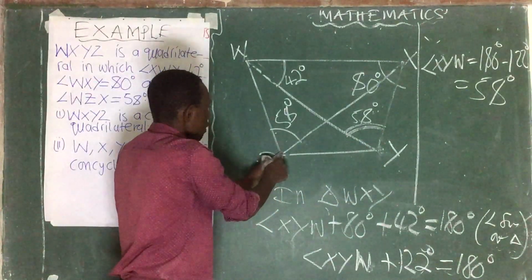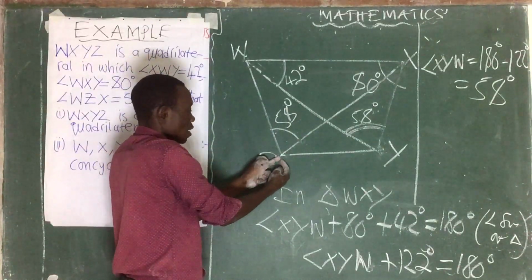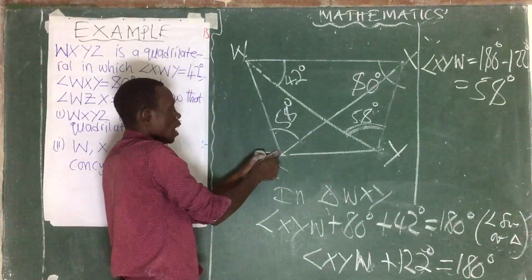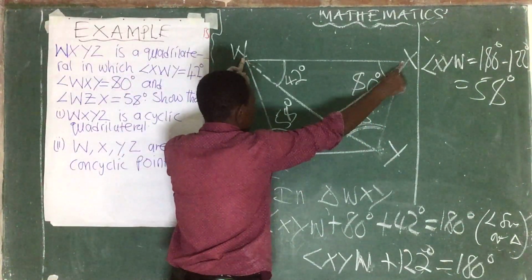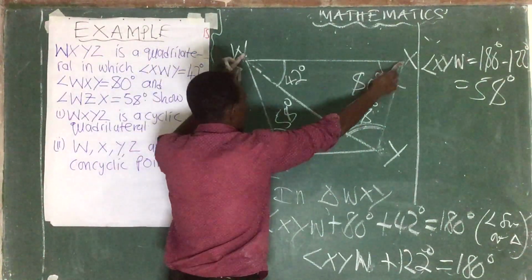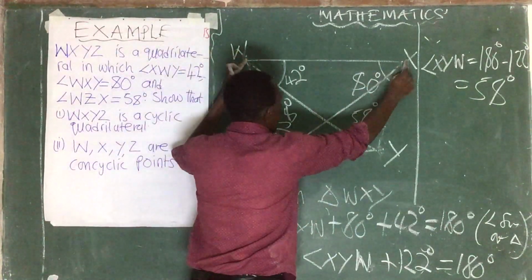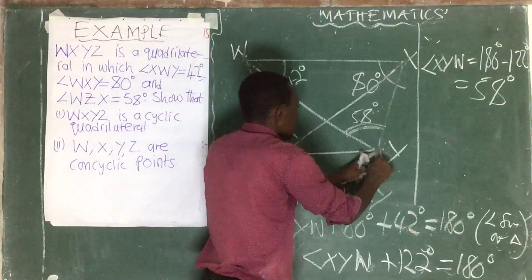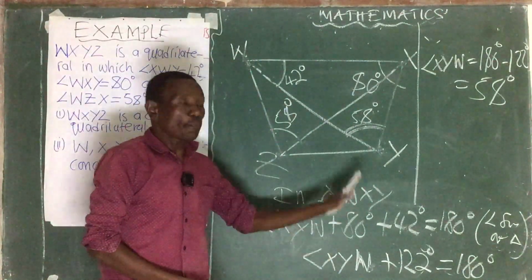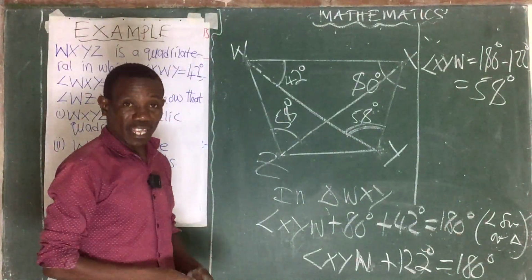And when I come here, this angle 58 is made by these two lines coming from Z, having the same points W and X as sources. So I'm coming back to the same line. Line WX is subtending angle 58, and line WX is also subtending angle 58. Then by that, you are able to conclude that the quadrilateral is cyclic.